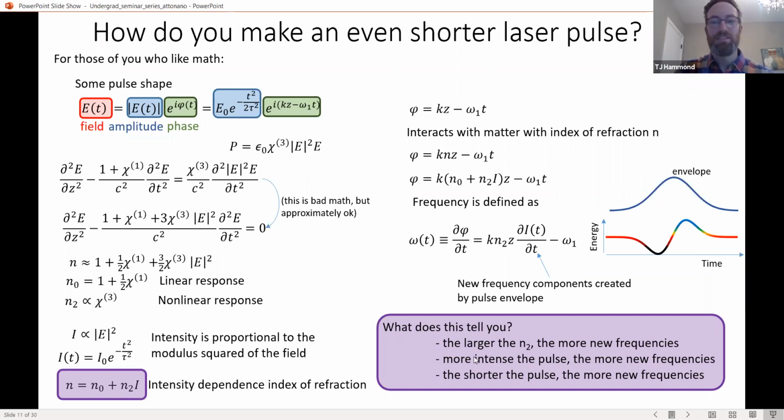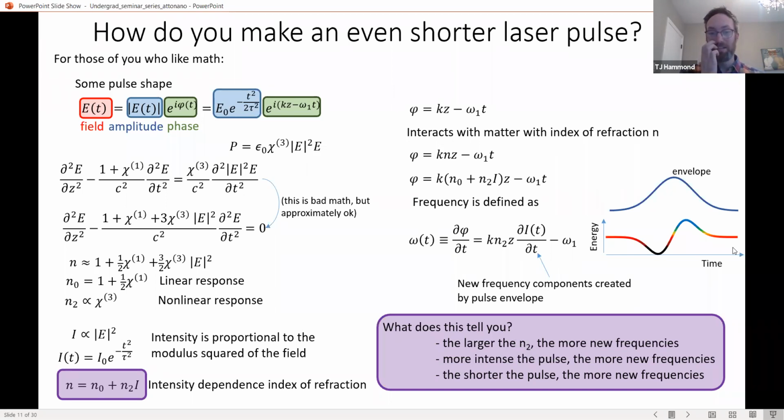What this math tells us is that the nonlinear response, given by this N2 here, determines how much this glass is going to respond in a nonlinear way and create more and more frequencies. Also, the more intense the pulse, the more powerful the laser, the more new frequencies we can create. And the shorter the pulse that we have, we can create even more new frequencies.